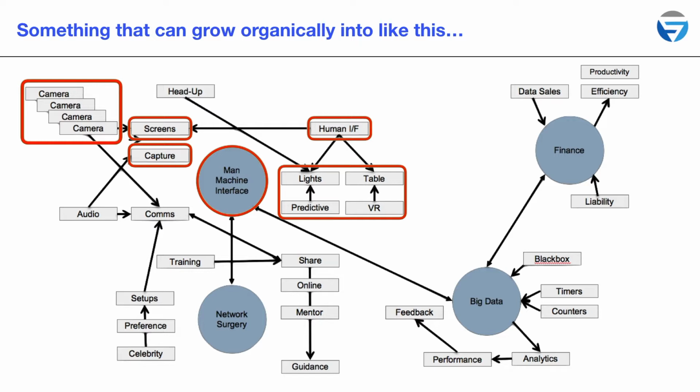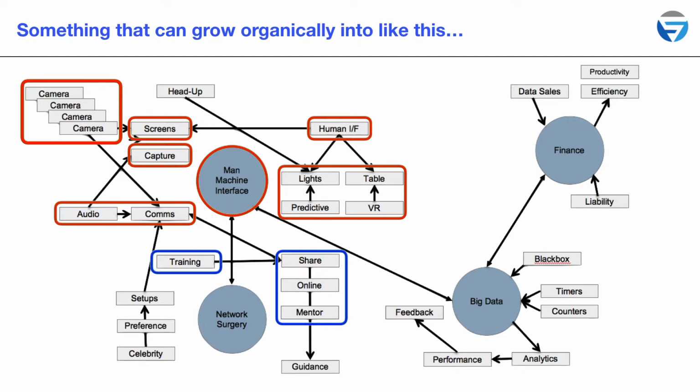But then they want to break out of the room, so we add some audio and we add some comms. And then to break out of the theatre, these proprietary systems need to bridge to IP. Outside the OR, they have to be IP. And so this is the first step into the IP world, and that's for sharing. There will be video streaming over the network in low bandwidth, high latency, high compression, but good enough for surgical training by video.